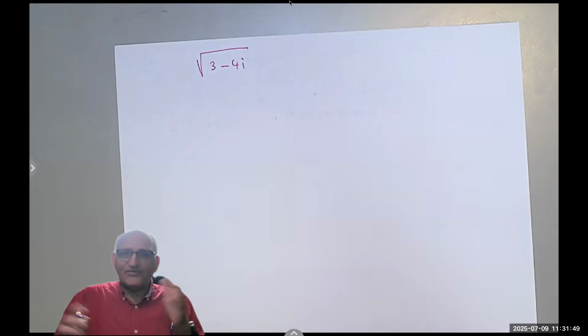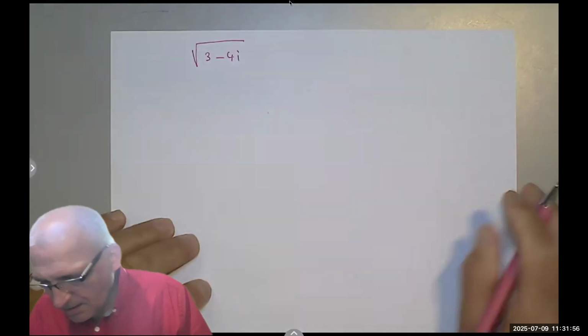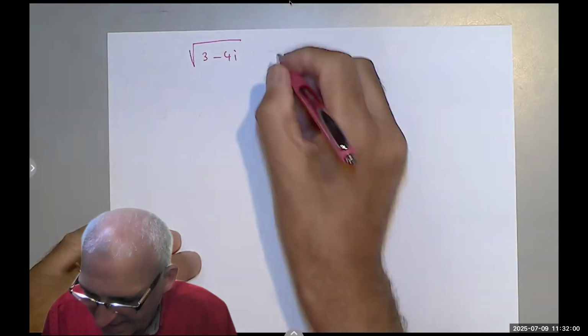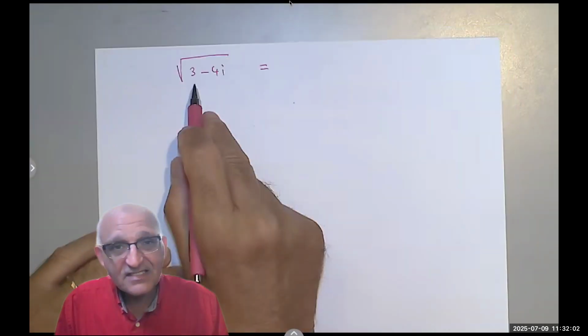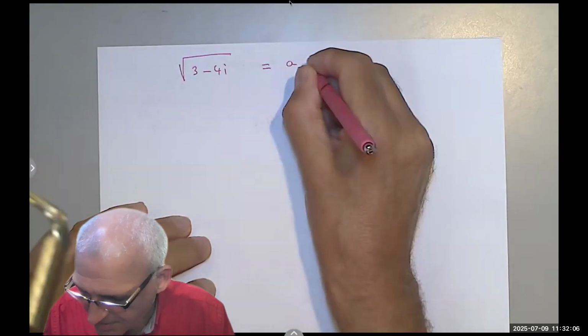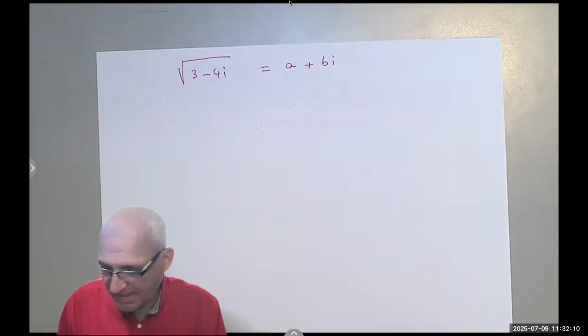You say, get out of here, this is so complicated, I have no clue. Okay. Let's do it in a very easy way. Let's assume this number is another complex number. I'm going to call it a plus bi. And then I'm going to square both sides.